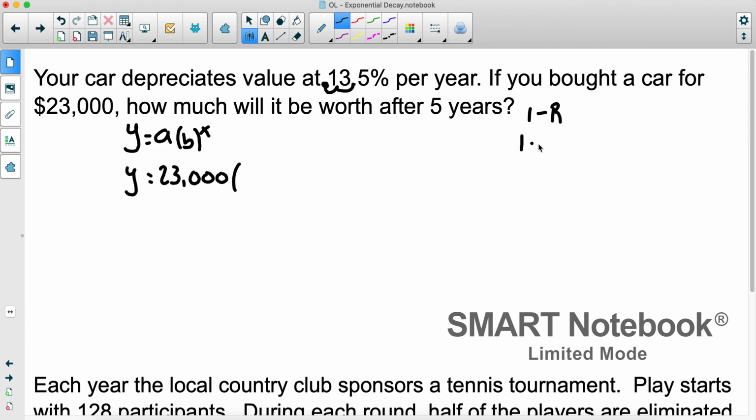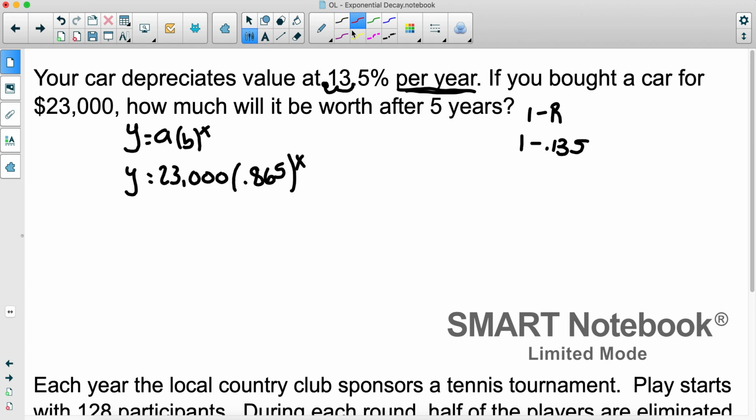So I'm going to do 1 minus 0.135. That's how I'm going to get my B here. So 1 minus 0.135 gives me 0.865. So that is my B. And then it's going to be to the x, where in this case, x is each year because it's 13.5% per year. Okay, so this is our function.